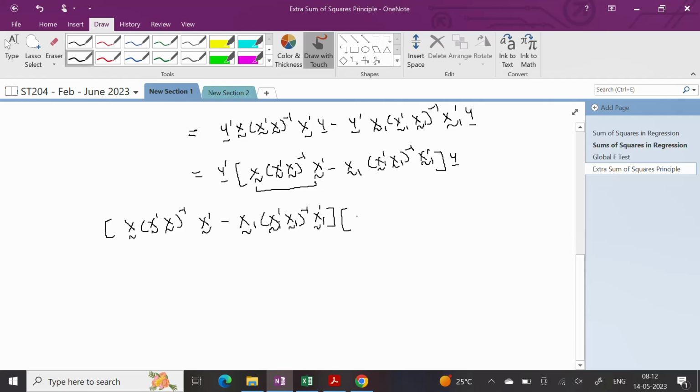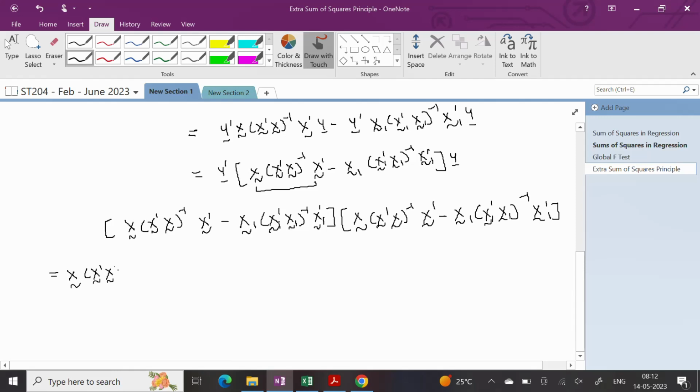For idempotent, I will need to check the product. So X prime X whole inverse X prime minus X1 prime X1 whole inverse X1 prime. Okay, so what do I get? If I take the product, I will have X prime X whole inverse X prime, then from this I will have X prime X whole inverse X prime.